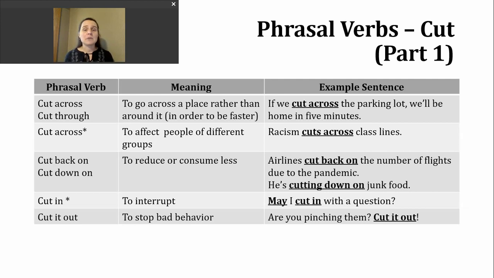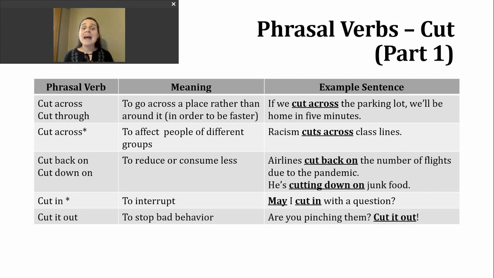And the reason someone is cutting across or cutting through is generally to be faster, to shorten the distance to a second location. Here's an example of that. If we cut across the parking lot, we'll be home in 5 minutes. So again, getting there will be shorter and or faster for us to go this way.